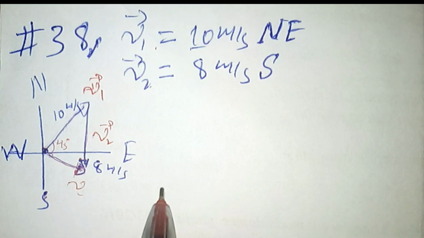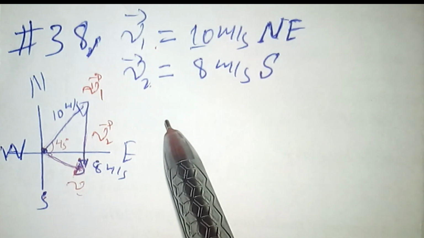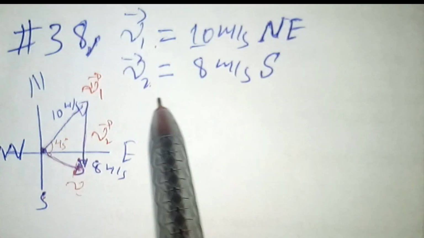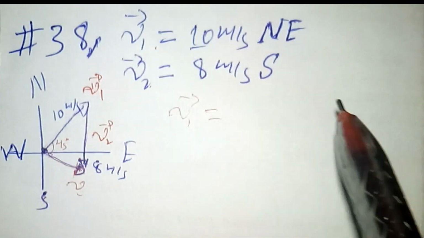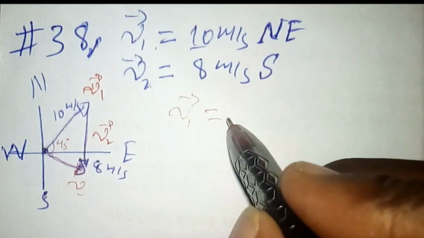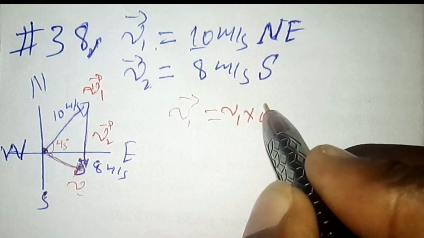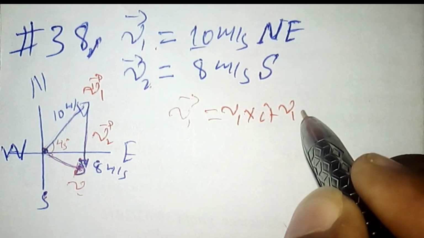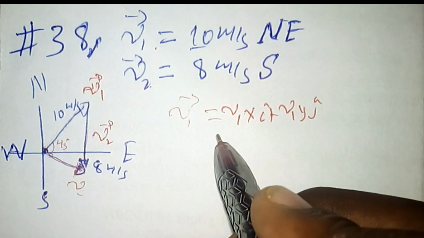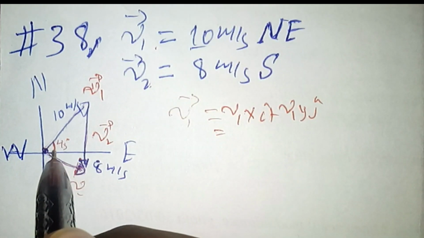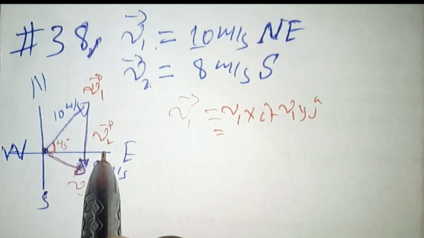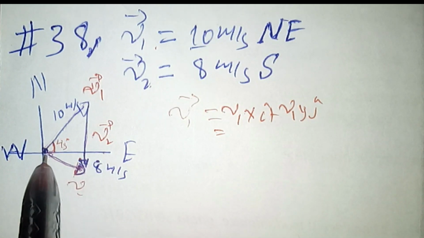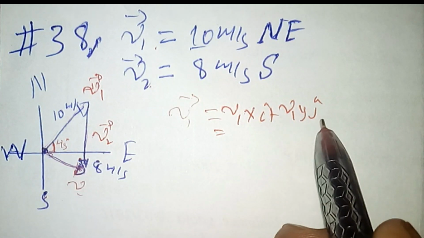So the first method we can do this is we resolve v1, that means v1 into its two component vectors, that means v1x i plus v1y j. Since this is 45 degrees, the components along the east and along the north are equal.